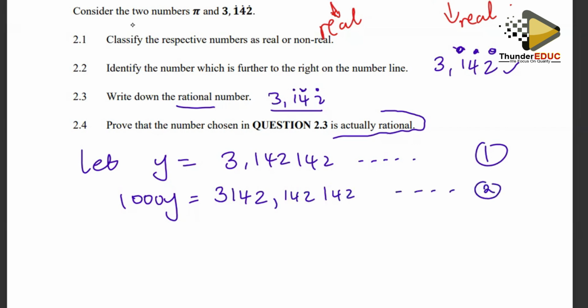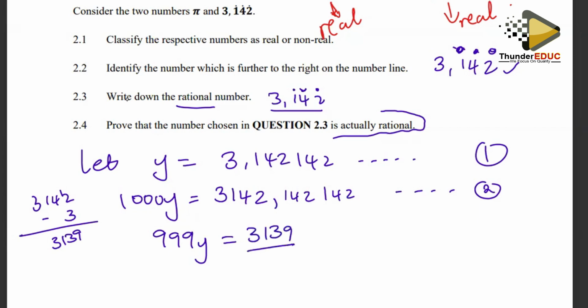Then we do the subtraction, okay? So if subtraction is done, 1,000 minus 1, that's going to be 999y is equal to 3139. Okay, let's divide both sides by 999, and then by 999.